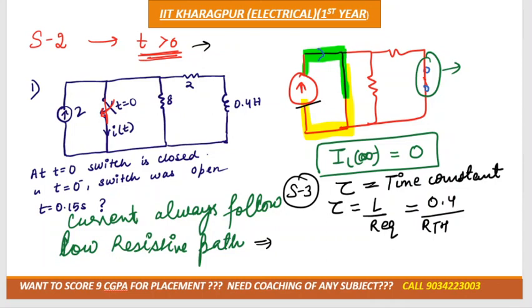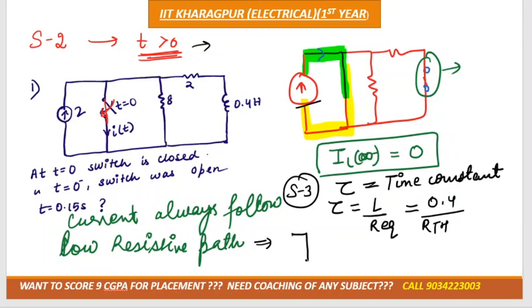So remove this current source, then inductor will be open circuit and we have to see with respect to the inductor only, that is 0.4 Henry. So just imagine you are standing at the inductor A point, then you need to move towards B. So 2 and 8, tell me, they are connected in series or in parallel?